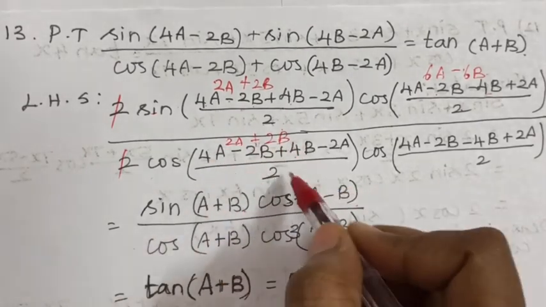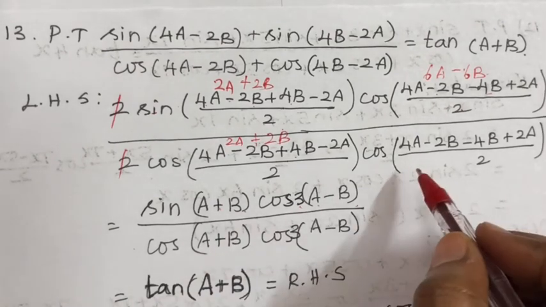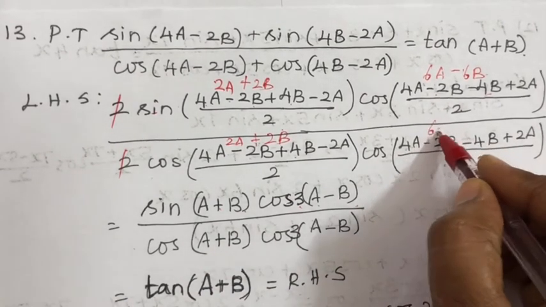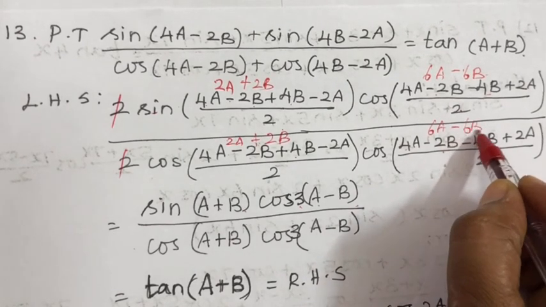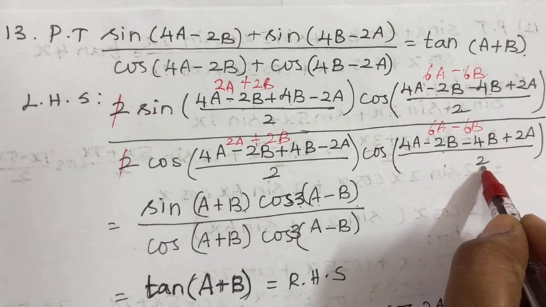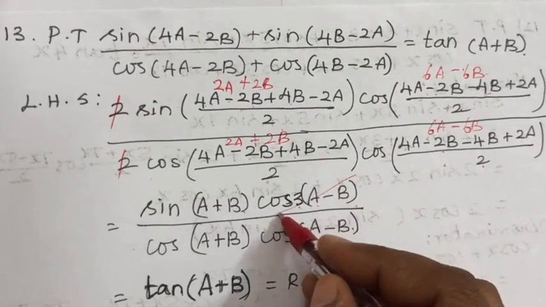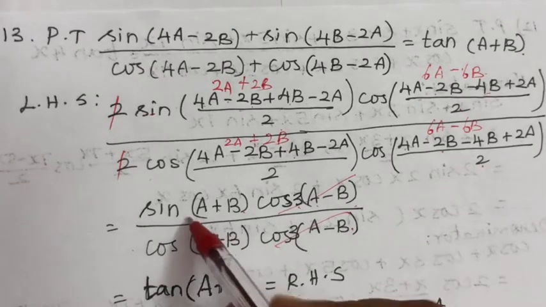So 2 and 2 will get cancelled with the denominator, so it will become a plus b. Similarly here 4a plus 2a, so 6a, minus 2b minus 4b, that is minus 6b. So 6, while cancelling with this 2, I'll get 3 into (a minus b). Cos 3 into (a minus b), cos 3 into (a minus b) will get cancelled, so it is tan (a plus b).